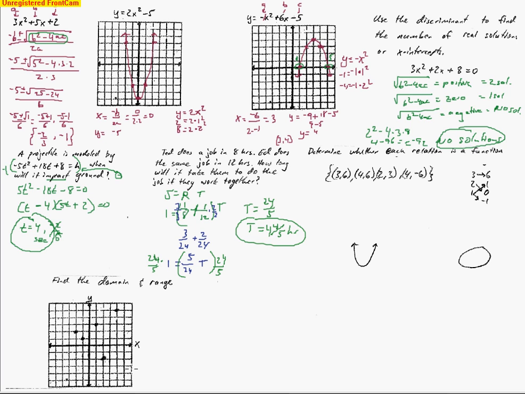Well, the next problem here asks us to determine whether each relation is a function. What you're looking for are the domains repeating, because if a domain has two ranges, it's not a function. In order for it to be a function, each domain must have one range.